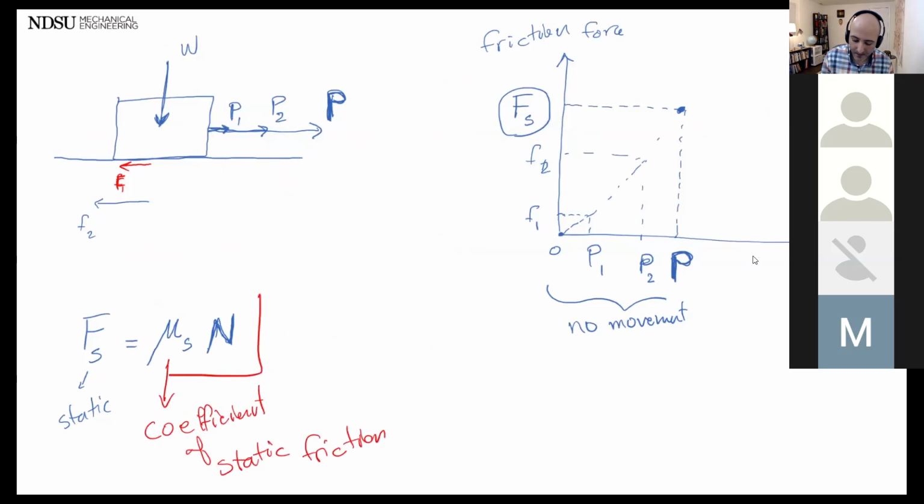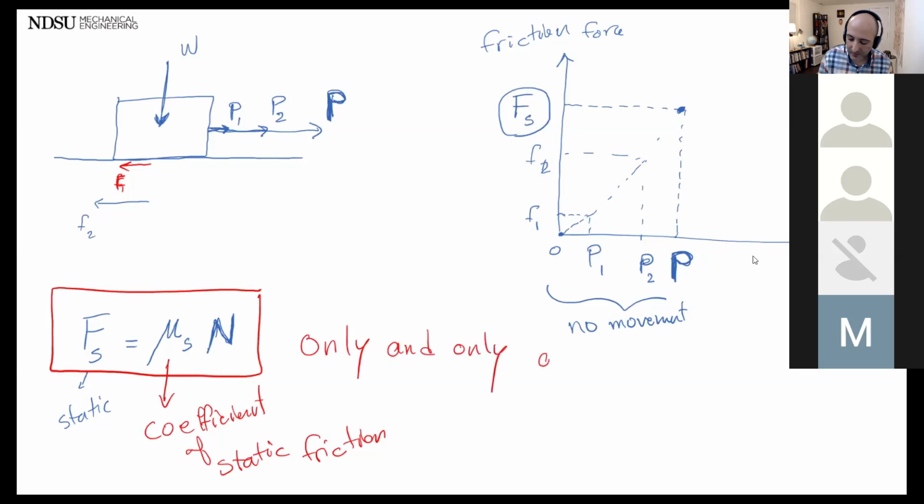Okay. So this is very important: only and only at this point, which we call impending motion. At the impending motion point, this equation is only and only valid at impending motion point.